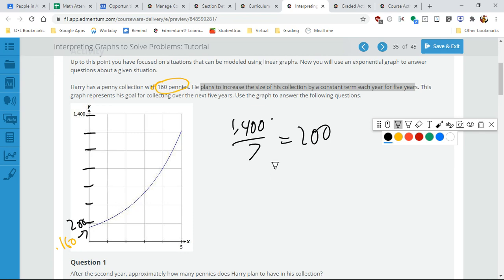So every one of these lines represents about 200. They didn't say it: 400, 600, 800, 1,000, 1,200, 1,400. They didn't say it, but you can guess because graphs only work if these have the same intervals.